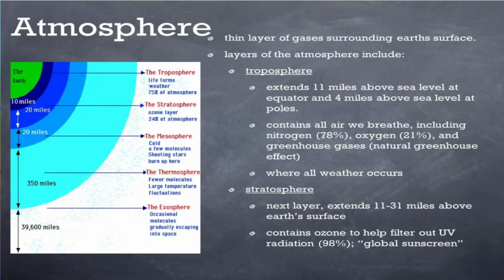Temperature decreases with increasing height at an average rate of 6.5 degrees Celsius per 1000 meters, that is, per kilometer, which is called the normal lapse rate.